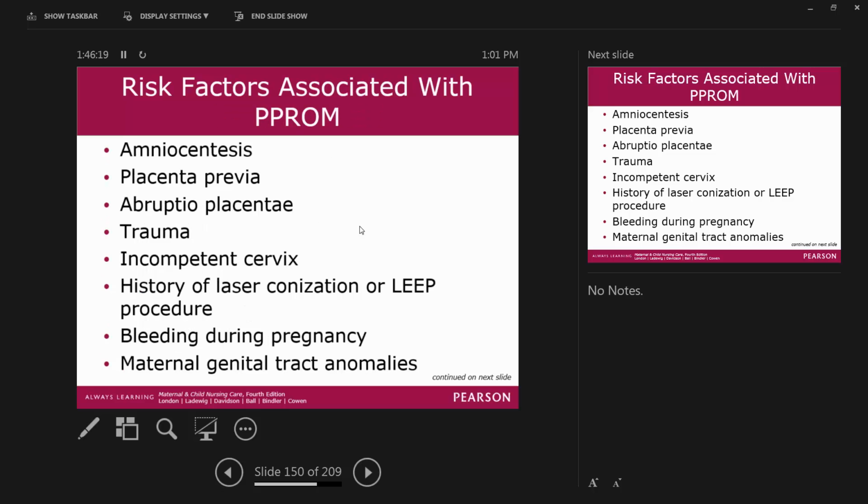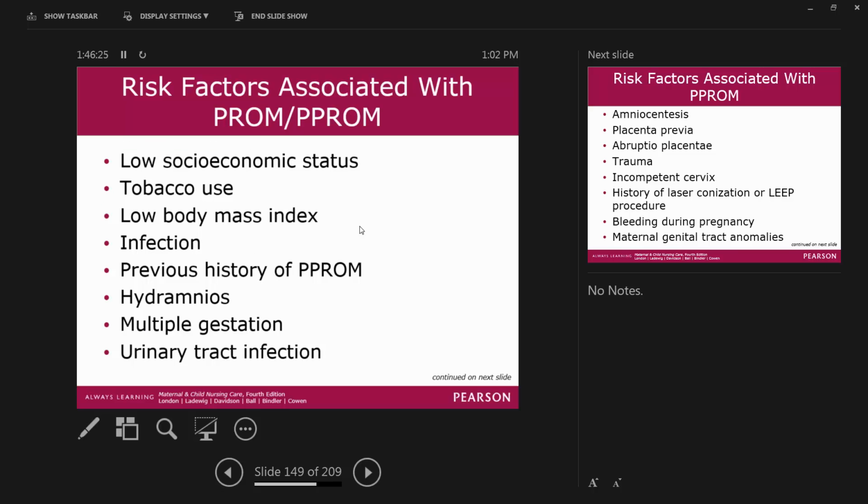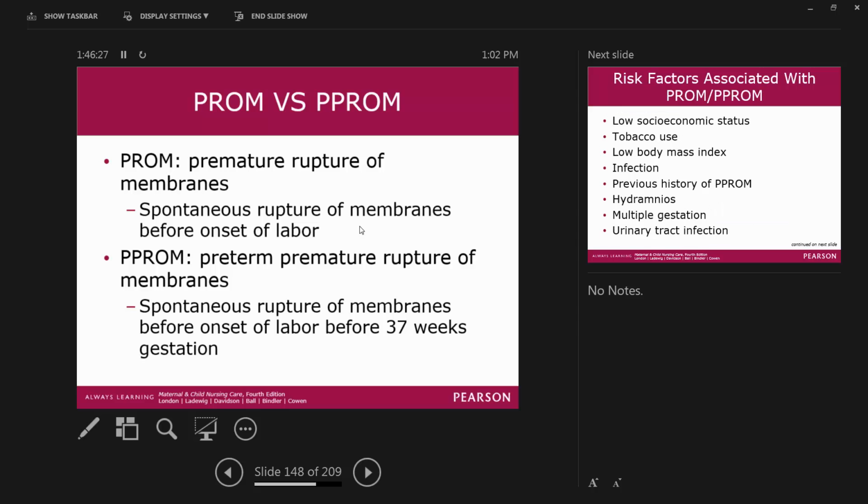Here are your risk factors for that. Oh wait, sorry, that slide said it was spontaneous rupture of membranes before onset of labor. Would it make more sense to say labor doesn't start? Because to me that means labor is imminent. Well, you could have written it that way, but the point is she's not in labor, she's not contracting, and we do anticipate labor to occur.